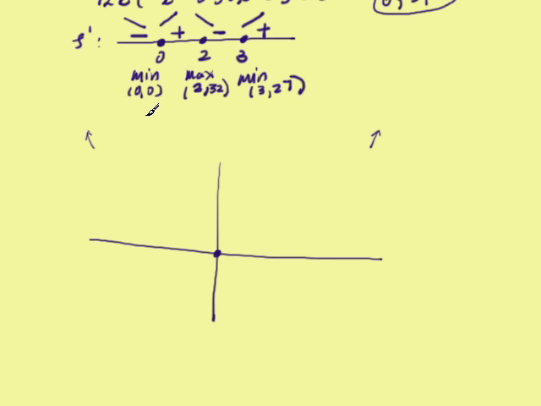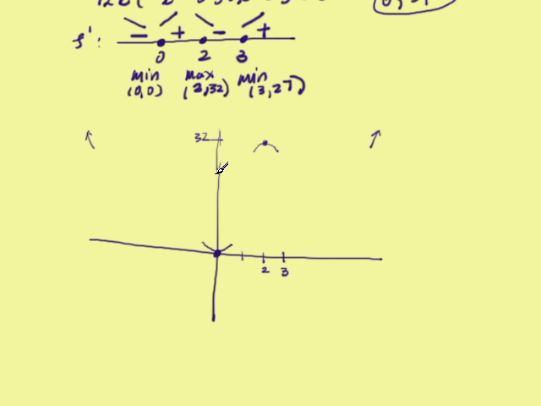Okay, here's our f prime information. We had a min at 0, 0. So I'll draw that min. We have a max at 2, 32. All right, we won't draw this to scale. Let's say 32 is over here. There's our max. And a min at 3, 27. So that's 2, here's 3.